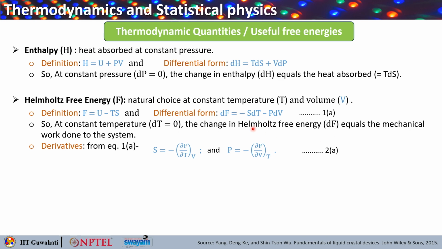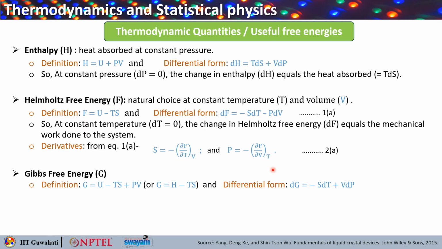So, if you take the derivatives of this one, you can also find S equals minus ∂F by ∂T when V is constant, okay, and you can also find P equals minus ∂F by ∂V when T is constant. Okay. So, next we move on to another important parameter which is called Gibbs free energy.